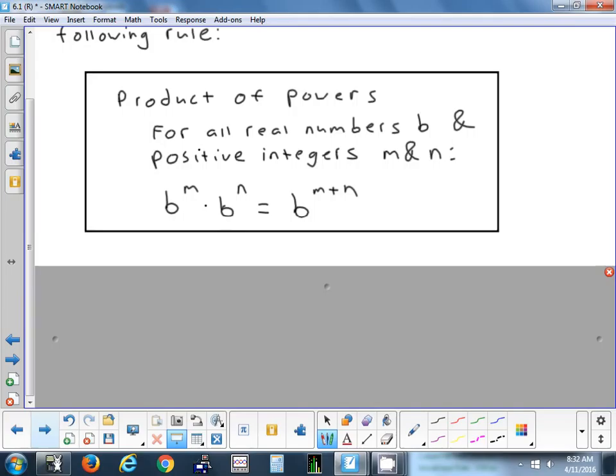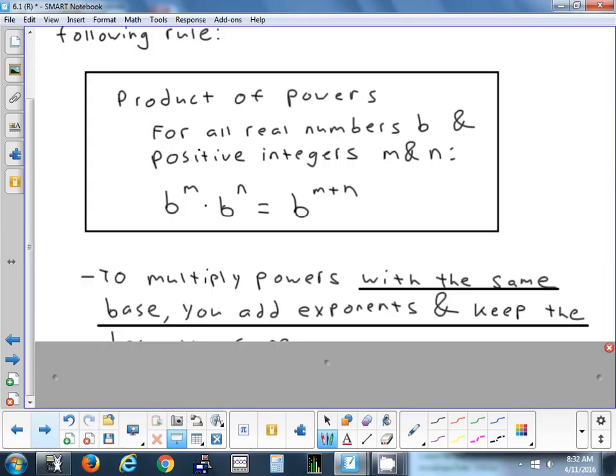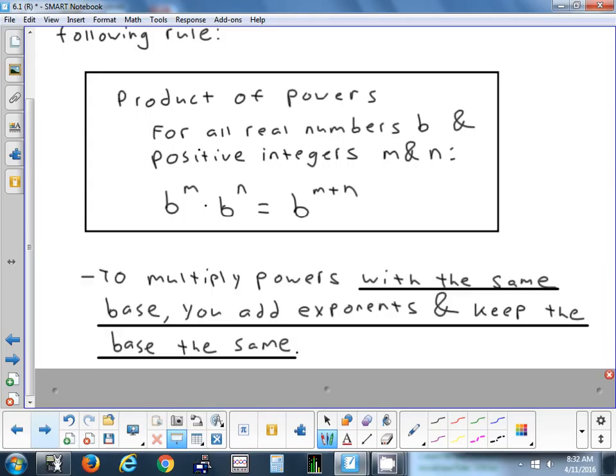What do they have that's the same? So to multiply powers with the same base, add the exponents. Perfect. To multiply powers with the same base, you add exponents and keep the base the same.